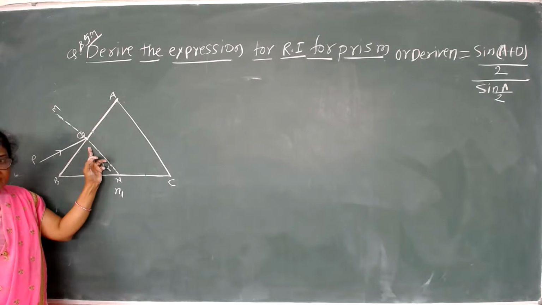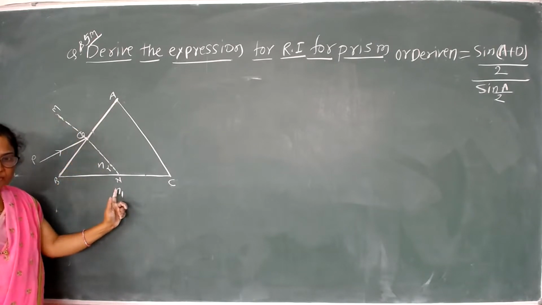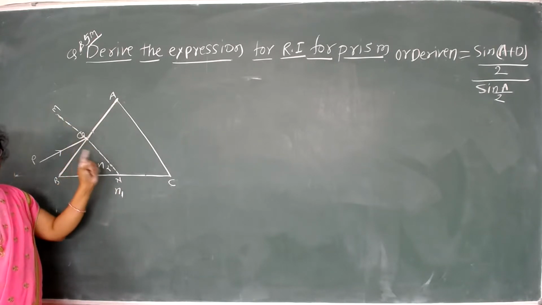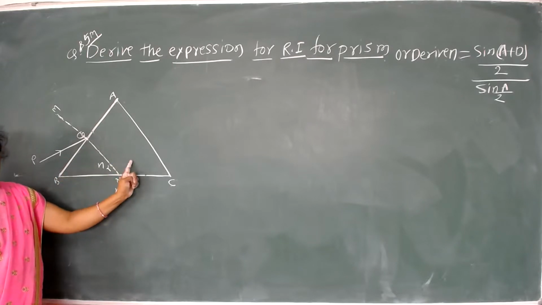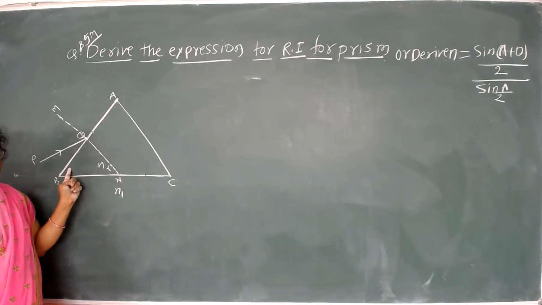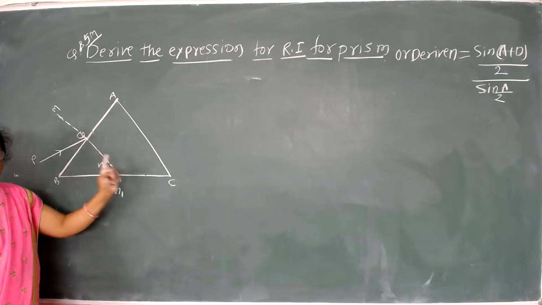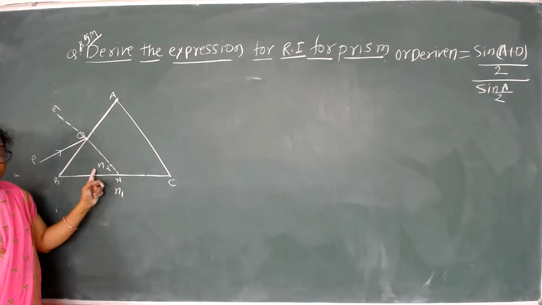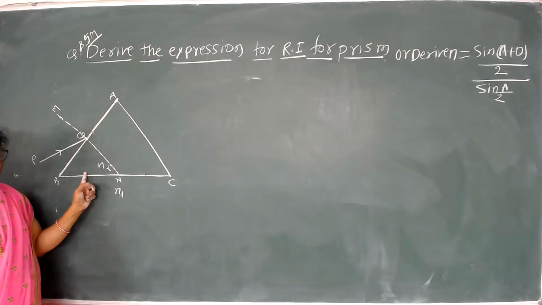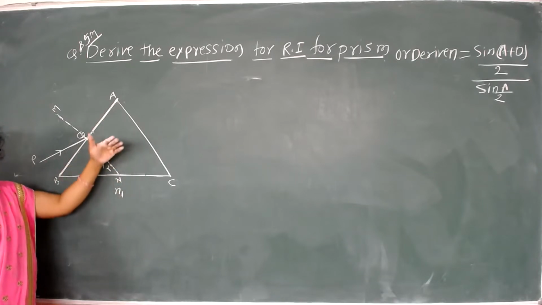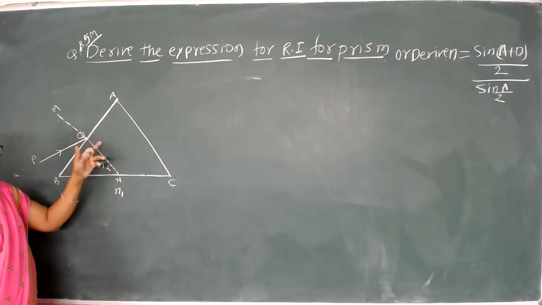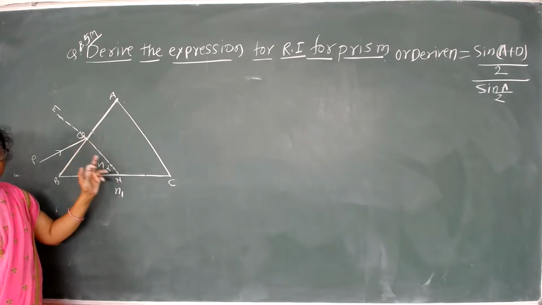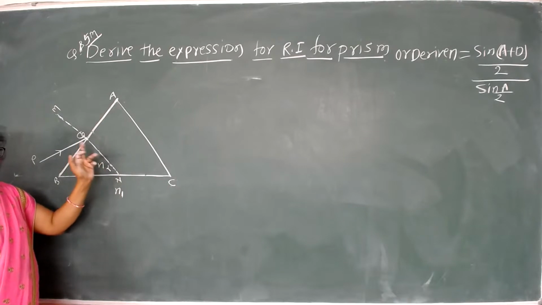PQ be the incident ray. MN be the normal which is drawn at the point of incidence. This ray of light is propagated from rarer medium to the denser medium. And we know that when the ray of light is propagated from rarer to denser, it bends towards the normal, and in the homogeneous medium, the ray of light is propagated in a straight line.